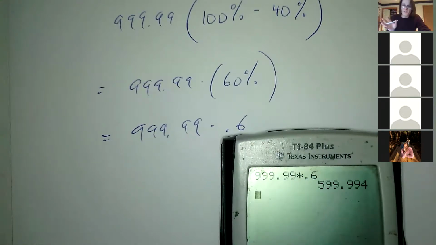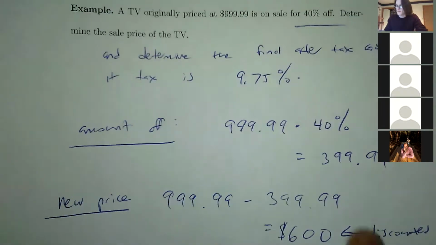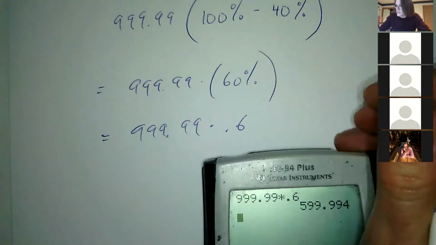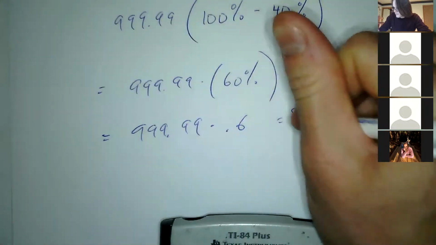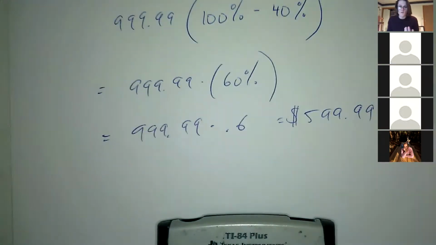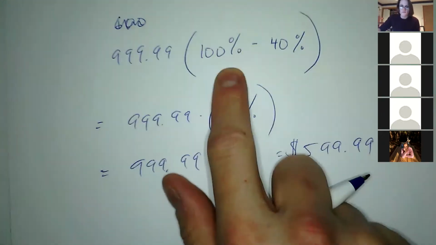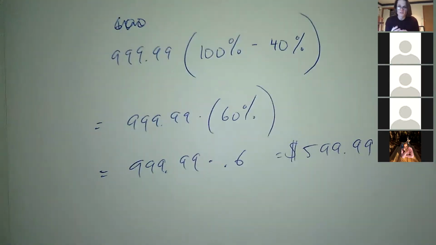We rounded a little bit, so that's why it looks different compared to what I did, because I rounded when I computed it. But it's all good. It's about the same, 599.99. All right, so that would be a quicker way to do it. This is the whole, and you're subtracting out 40%, so the remaining is essentially 60%.